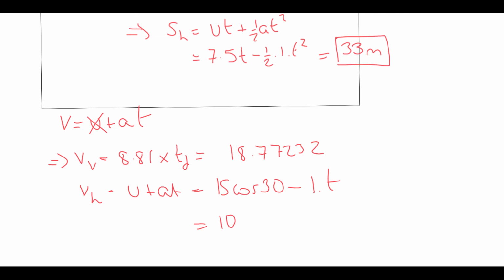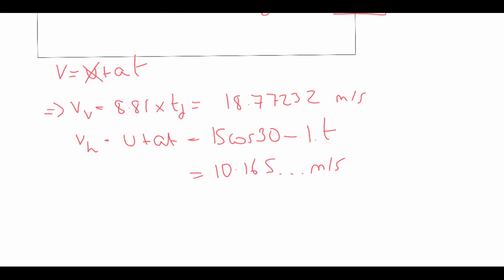So these were speeds. We put those two together by using Pythagoras, and that's going to give us a velocity of 21 meters per second. So again, we've reduced our final velocity, as you might expect once you factor in air resistance.